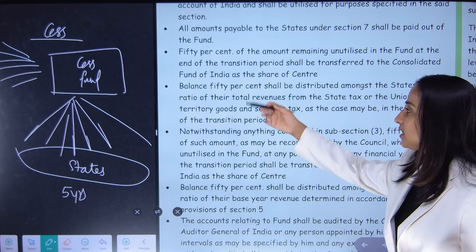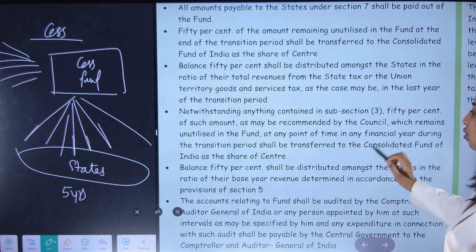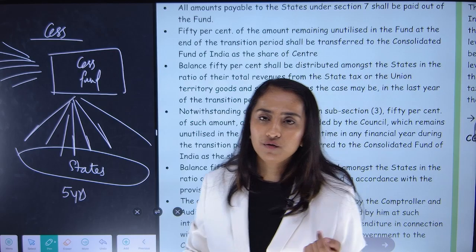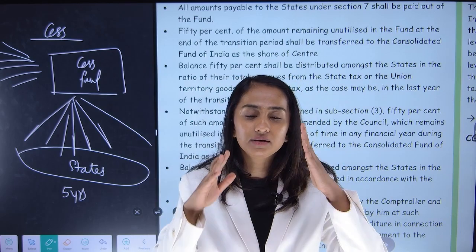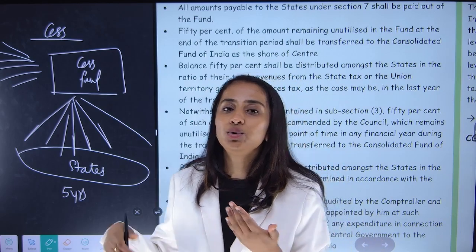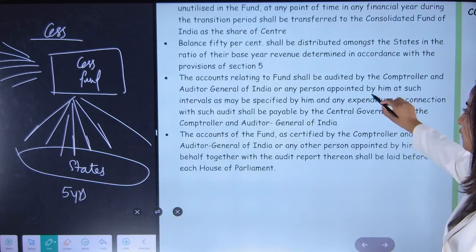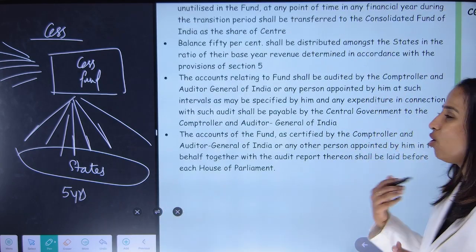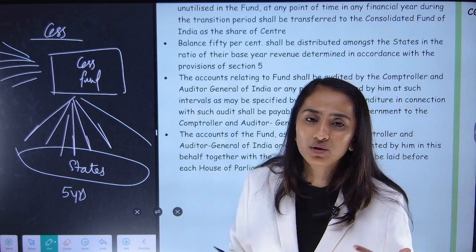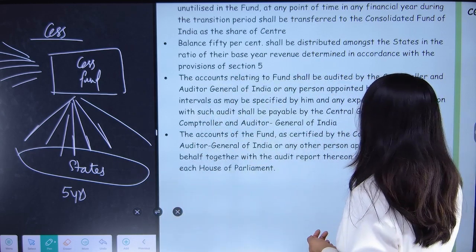They are saying notwithstanding anything given here, if at all anything remains, it can also be transferred to the consolidated fund of India. It can either be divided between central government and state government half-half, or they can just decide to put this in the consolidated fund of India. Then who will audit the accounts of the fund? Comptroller and Auditor General of India.